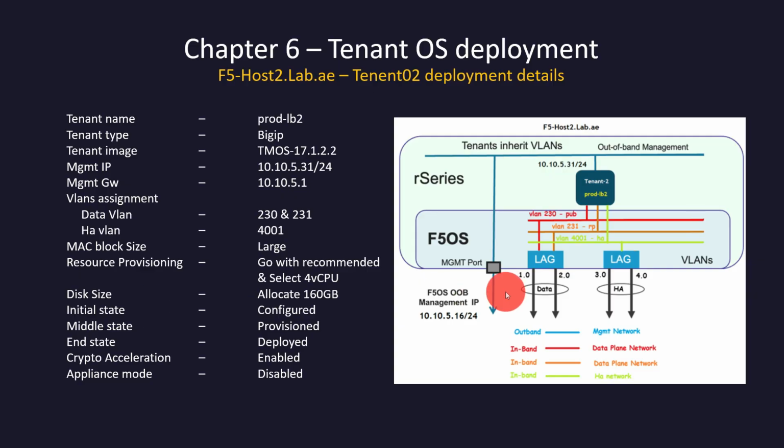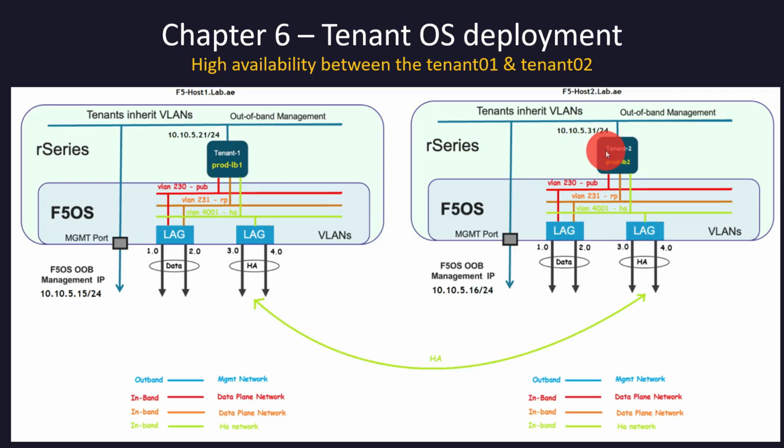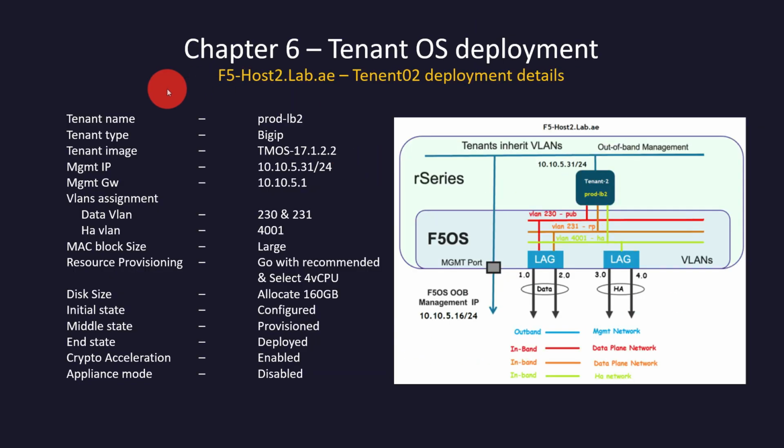Now what? We have to create tenant 2 on rSeries host 2. We require tenant 2 because we are going to set up high availability between tenant 1 and tenant 2. This is how tenant 2 will be created on rSeries host 2.